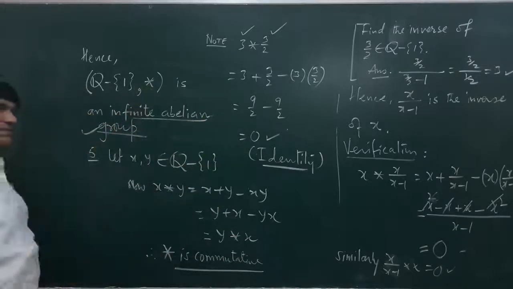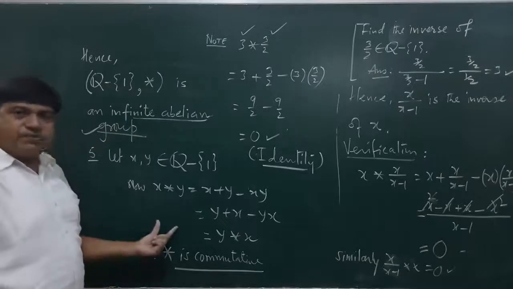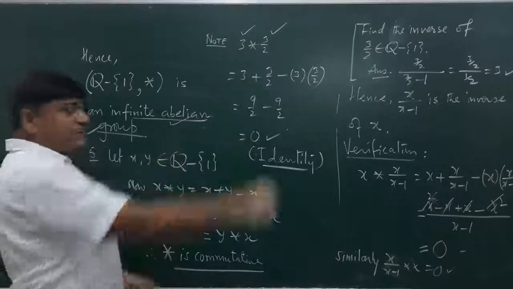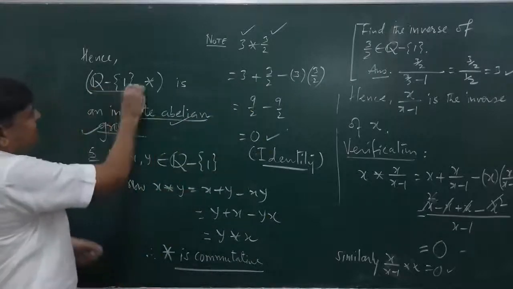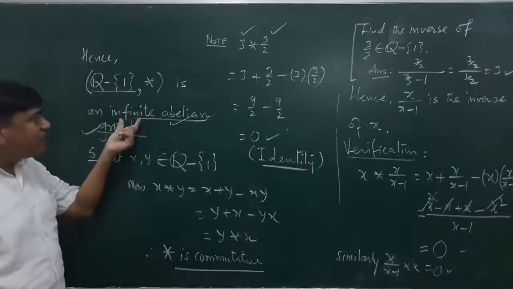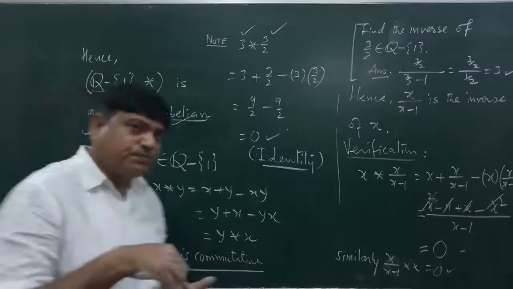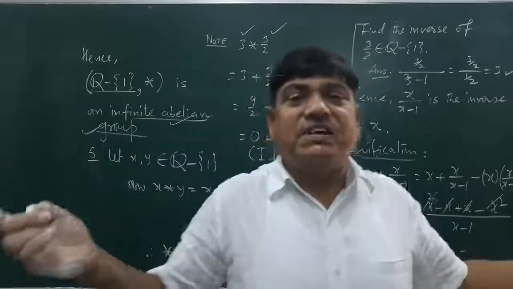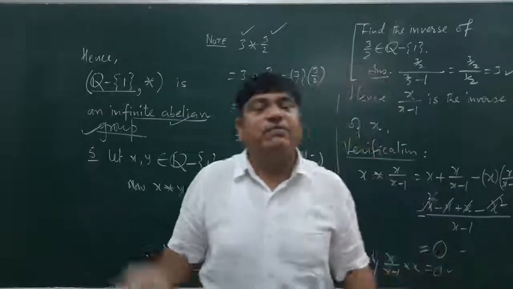This is a group. The commutative property holds, so it is an abelian group. The set itself is infinite, so this is an infinite abelian group. And what is the order? Infinite, because the number of elements is infinite.